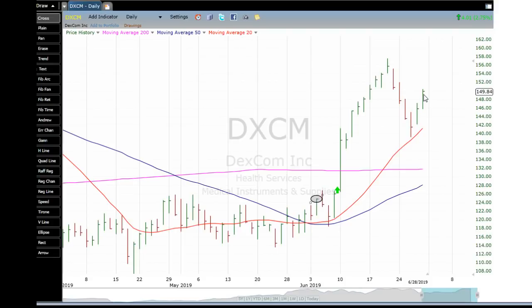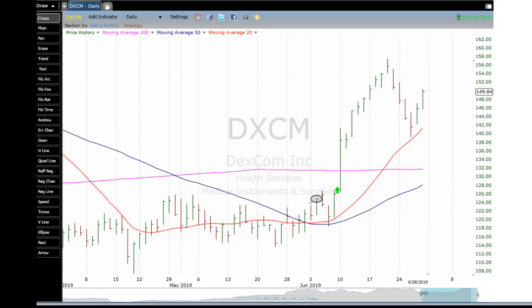before the bell on Friday, because what do we have? We have a minus one plus two. So it's in a potential test, and it could roll over, maybe back test the lows, maybe puts in a double bottom, maybe it's just a reflex bounce and it's going to roll over.